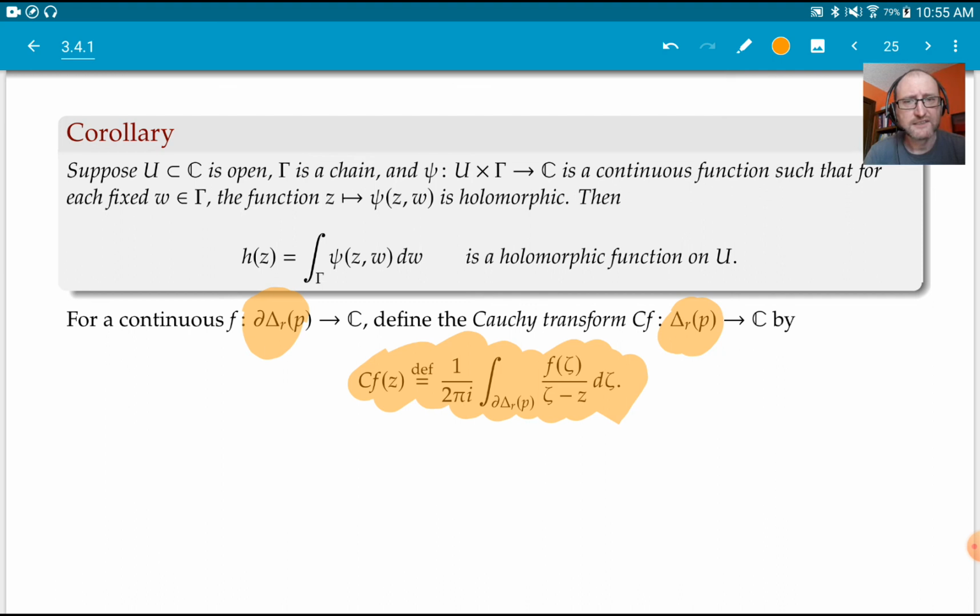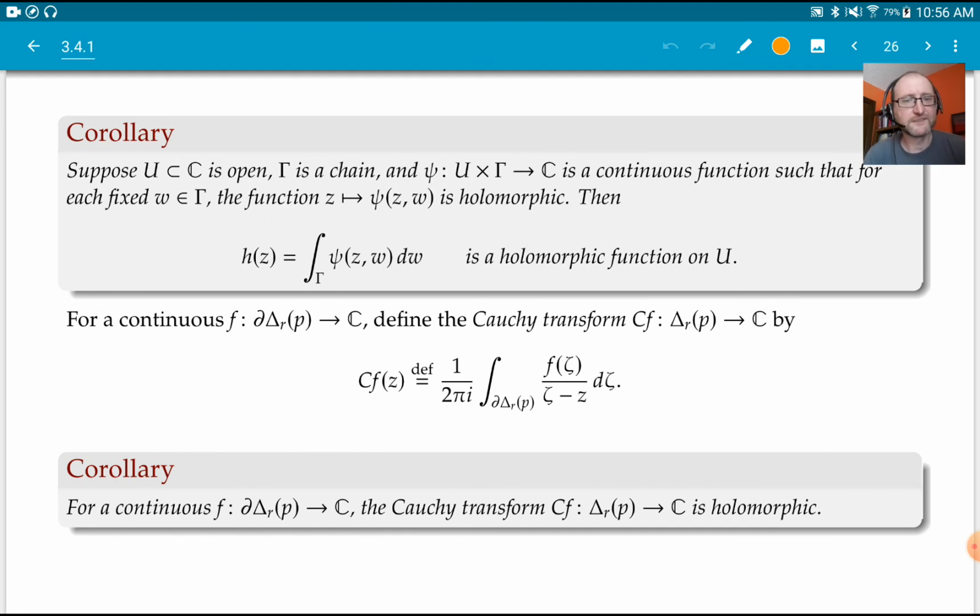Now, if F was really the boundary values of a holomorphic function, then the Cauchy formula would tell you that CF is actually equal to F. But here, F is just some continuous function defined on the boundary. We have no clue necessarily what sort of function it is. Did it come from a holomorphic function? Did it not? We're only assuming that it's continuous. You can assume a little bit less, but the way that we set up, we're assuming it's continuous.